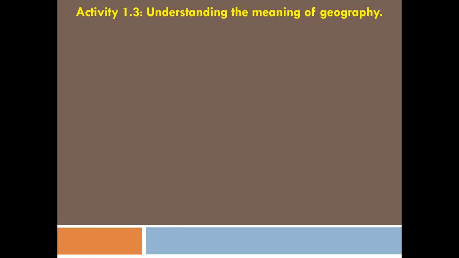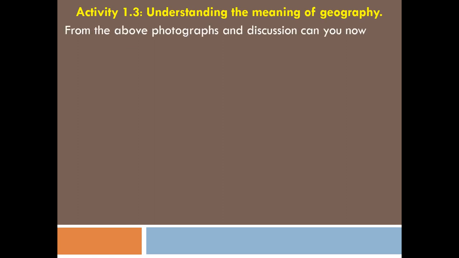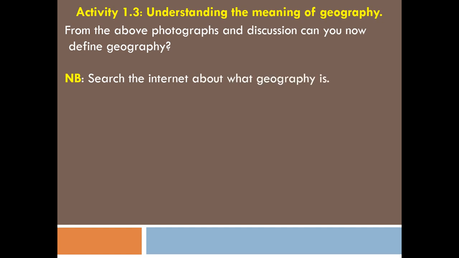Let us try to define and discuss what geography means. From the above photographs and discussions, we can now define geography. The definition of geography can be found from so many sources.